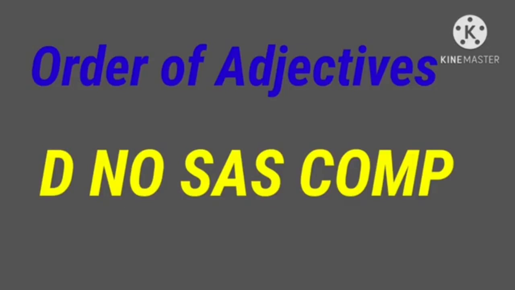D, N, O, S, A, S, C, O, M, P. D refers to determiner, N for number, O for opinion, S for size, A for age, S for shape, C for color, O for origin, M for material, and P for purpose or qualifier.